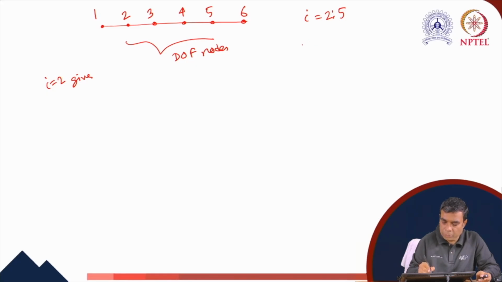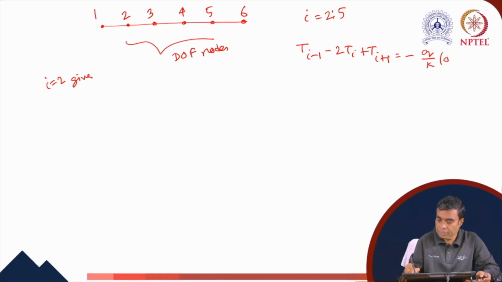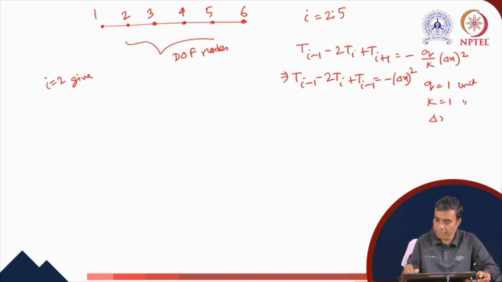Our algebraic equation was Ti-1 minus 2Ti plus Ti+1 equals minus q by k delta x whole square. Now q equals 1 unit, k was also 1 unit, so it reduces to Ti+1 minus 2Ti plus Ti-1 equals minus delta x whole square. Now the mesh size delta x is 0.2.